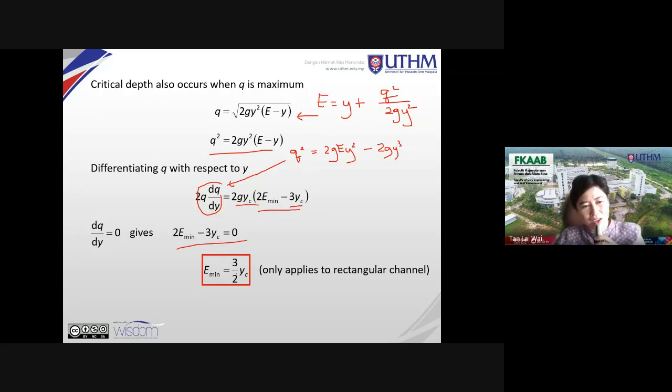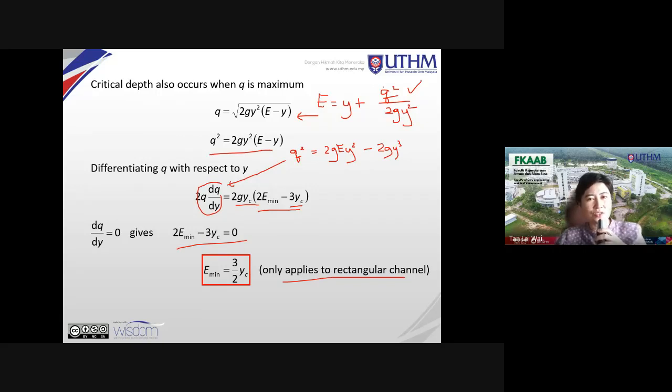Therefore, you can show that E min is equal to 1.5 YC or 3/2 YC. This only applies for a rectangular channel because you are using this expression here.